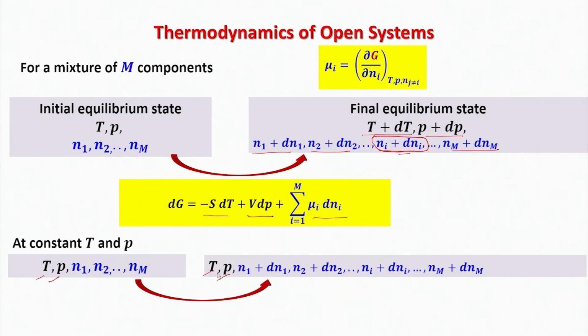But now N1 will change to N1 plus dN1. So Ni in general will be changing to Ni plus dNi. And since G is a function of all these variables, now I can use this expression and write down that dG at constant T and P, that is the infinitesimal change in the Gibbs free energy under such isothermal and isobaric process, will now be equal to summation over i mu i dNi.